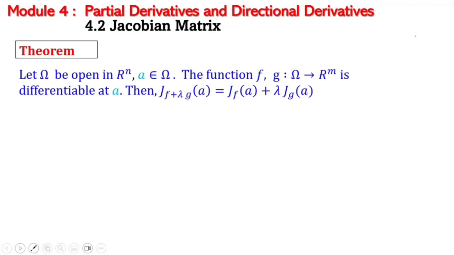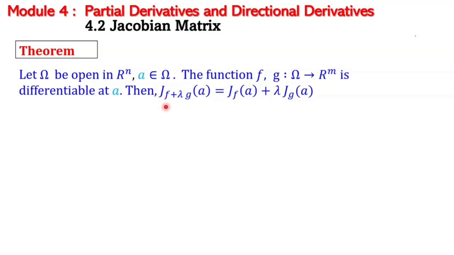We have another theorem, and this theorem says: let omega be open in Rn and A belongs to omega, the point. Then the functions f and g, both from omega to Rm, are differentiable at A, the same point.